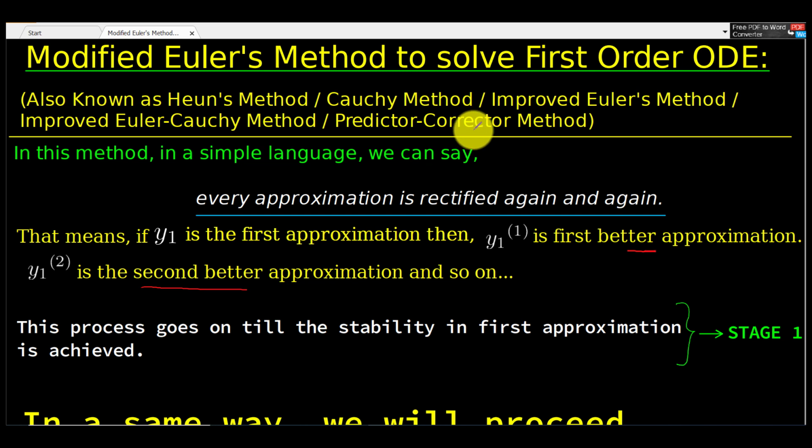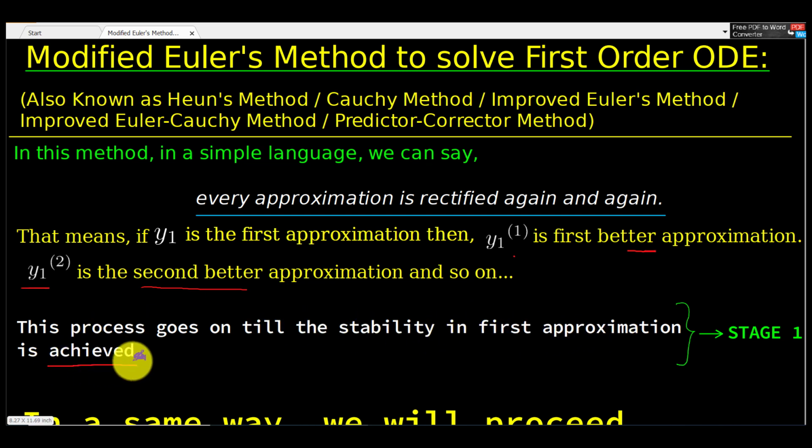In simple language, we can say that every approximation is rectified again and again. That means if y1 is the first approximation, then y11 is the first better approximation, y12 is the second better approximation, and so on. This process goes on till the stability in the first approximation is achieved.